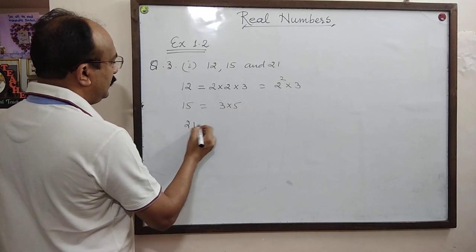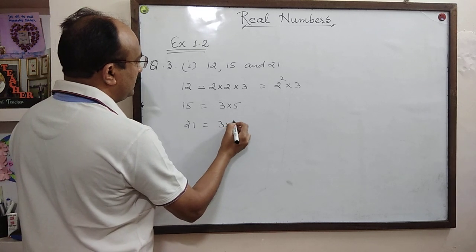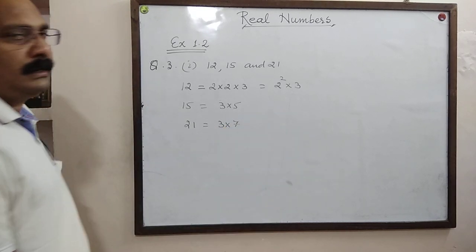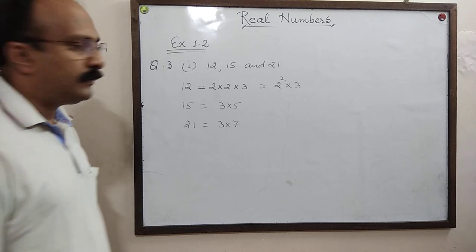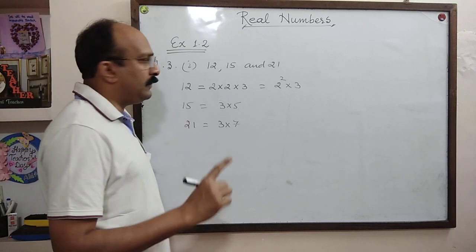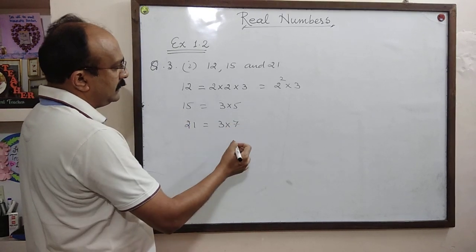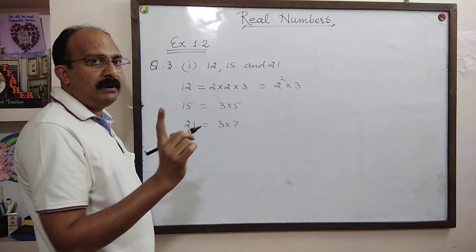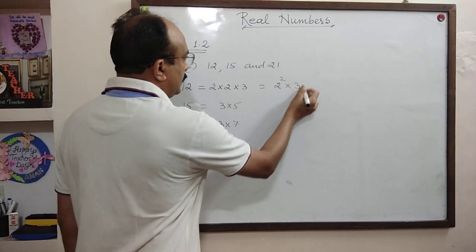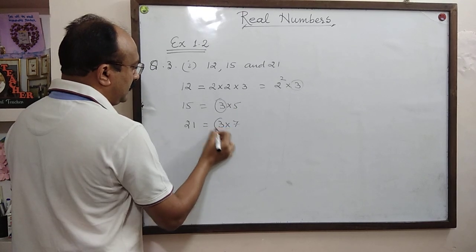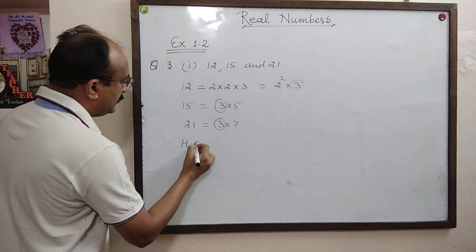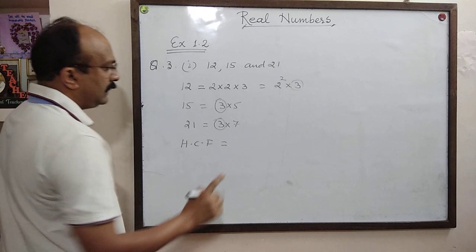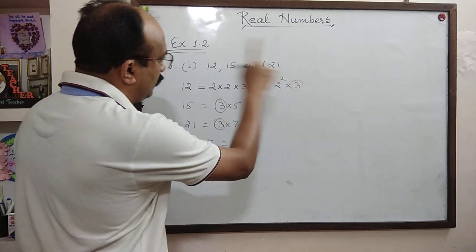Then 21, 3 into 7. Now for HCF we will consider the common factor. Common factor is only 3. There is a 3 here, 3 here and 3 here.